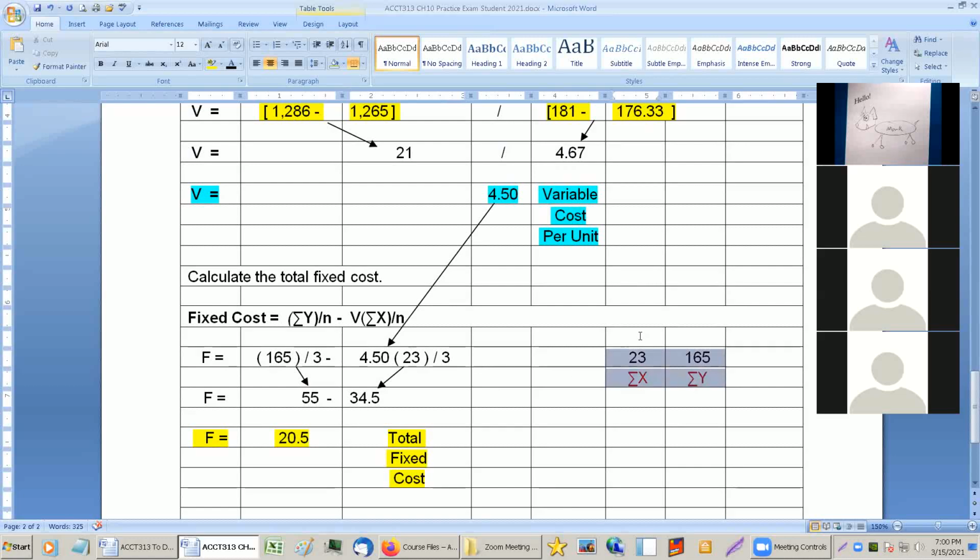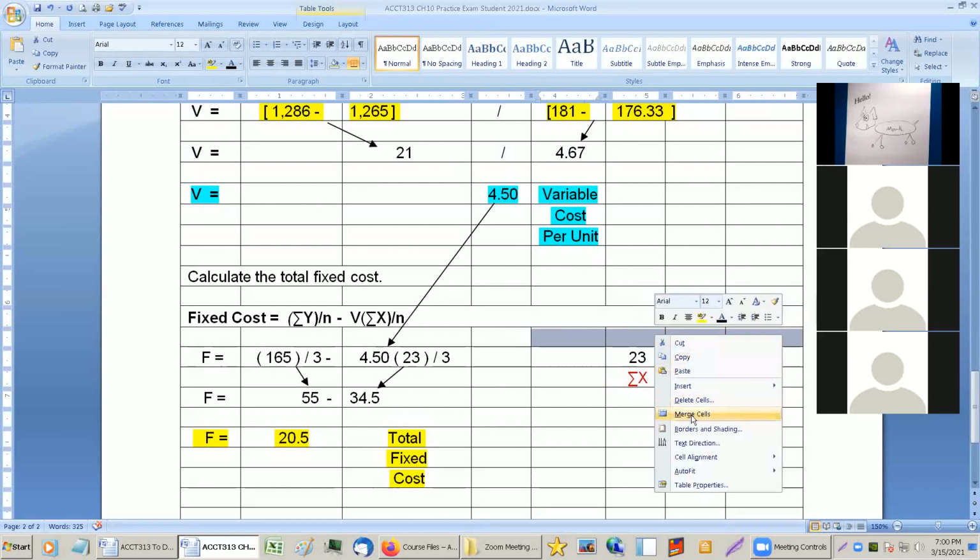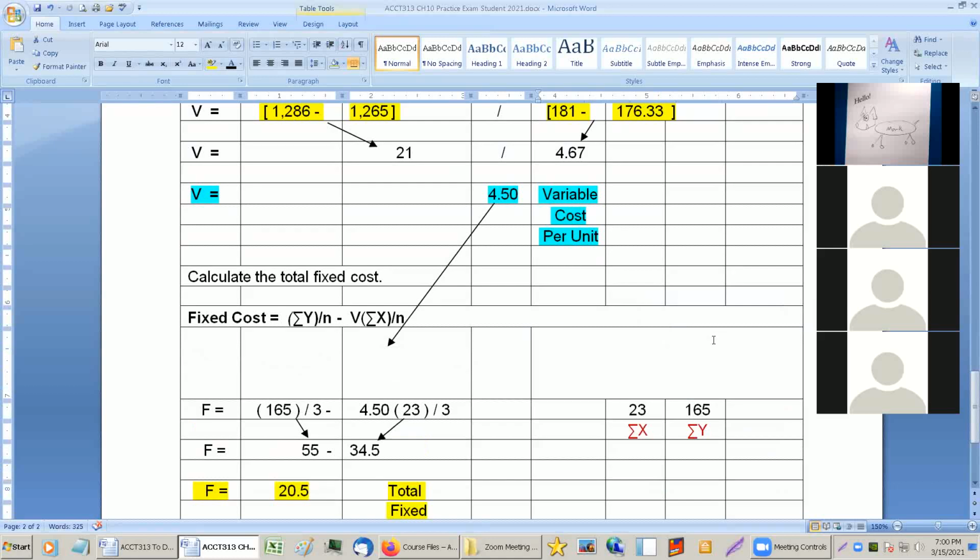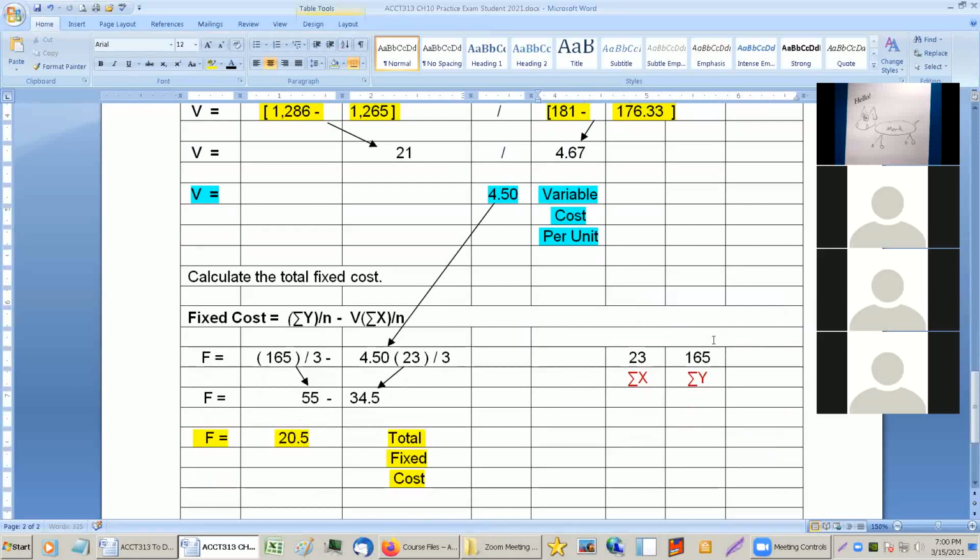These I just copied from above. Questions? Okay.